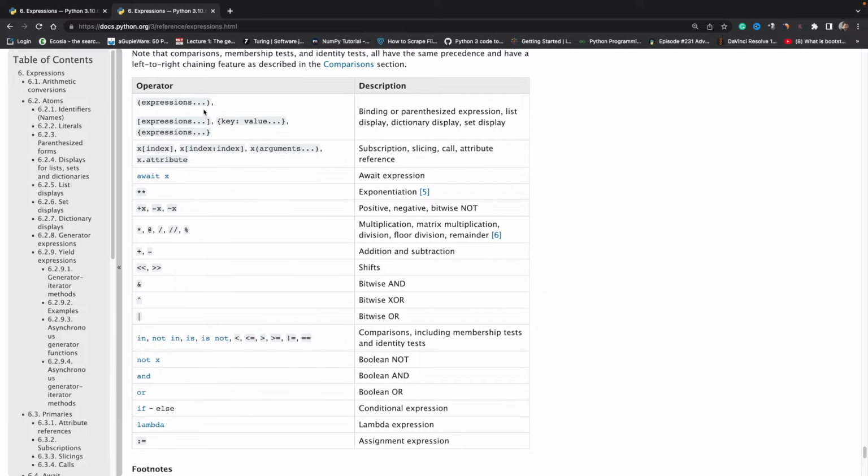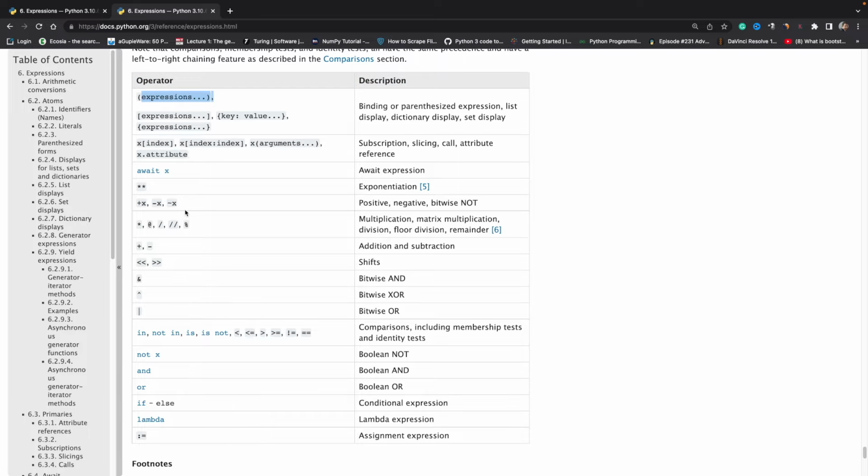Now let's understand a bit about this operator precedence table. This table consists of all of the operators applicable in Python, and whichever operator is on the higher side of this table has the higher precedence. The highest precedence goes to the parentheses and the lowest precedence goes to the assignment operator.